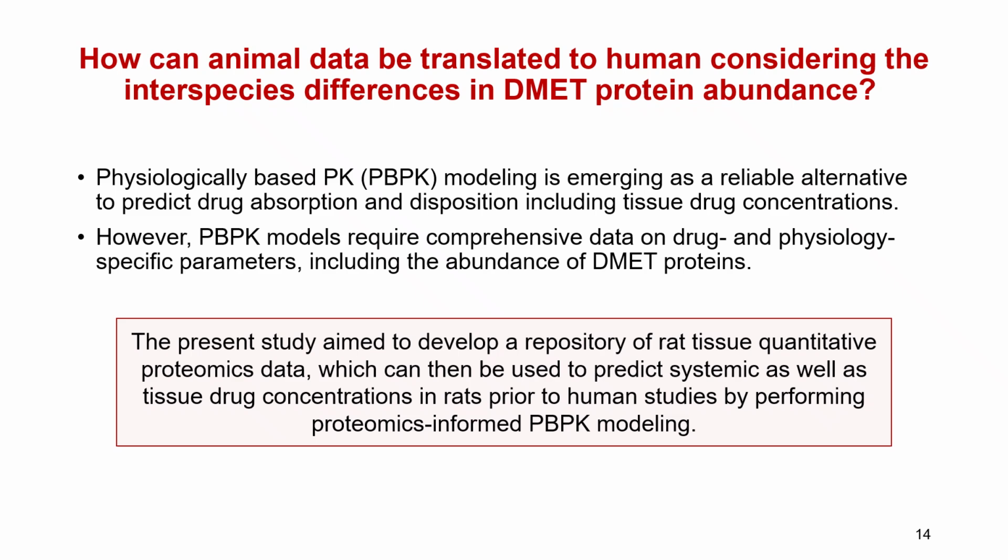So the present study aimed to develop a repository of rat tissue quantitative proteomics data, which can then be used to predict systemic and tissue drug concentrations in rats prior to human studies by performing proteomics-informed PBPK modeling. This is the first comprehensive study reporting the quantitative proteomics abundance data in rat liver and intestine, which is useful in delineating the pharmacokinetics and toxicity profiles in rats for better extrapolation to humans.